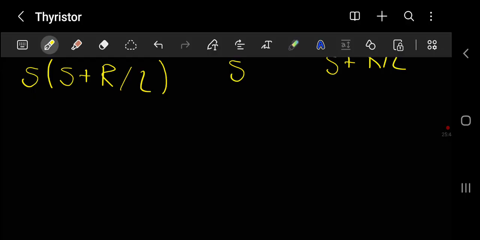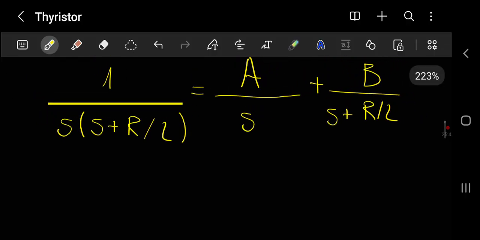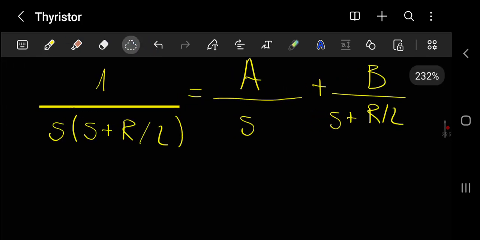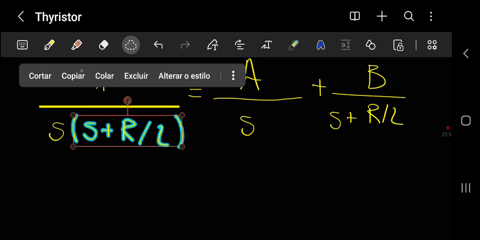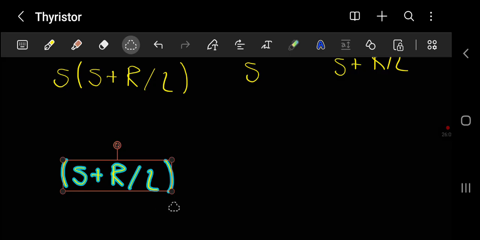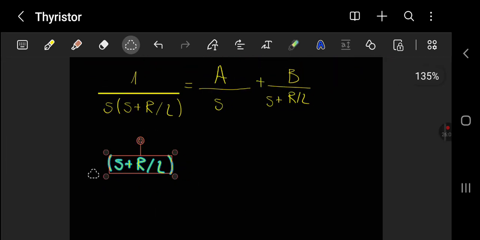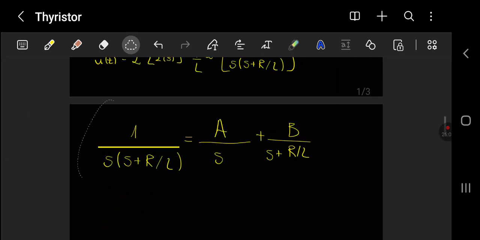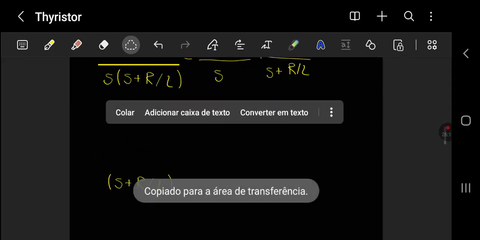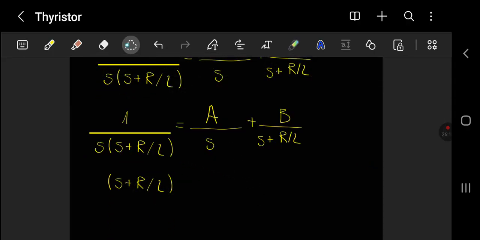So let's do some algebraic manipulation. Let's multiply both sides of the equation by this term, so we eliminate this term on the left side of the equation.